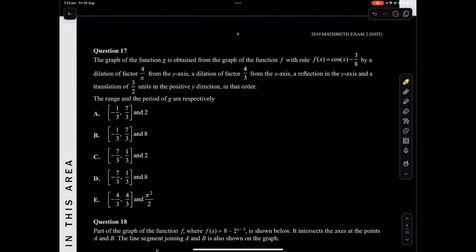The graph of the function g is obtained from the graph of f with the rule of f of x, by transformations that are happening. The first one is a dilation by a factor of 4 from the y-axis, which is the same as parallel to the x-axis. So what we can say is this f, we're putting pi on 4x on it.